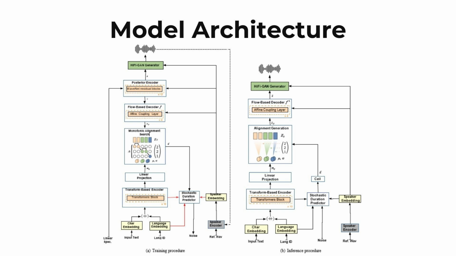The language ID is just to capture the different languages. This is mainly done for multilingual synthesis. We also have as input a reference wave of any speaker, audio of very short duration, which is used in global conditioning of the model to better understand the speaker characteristics.